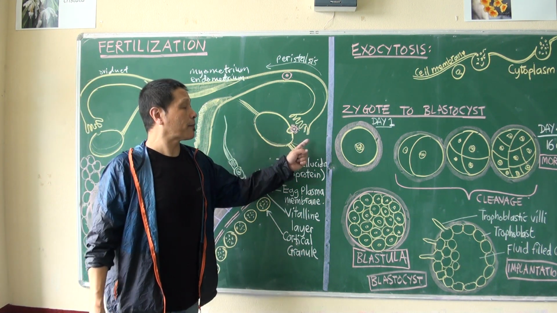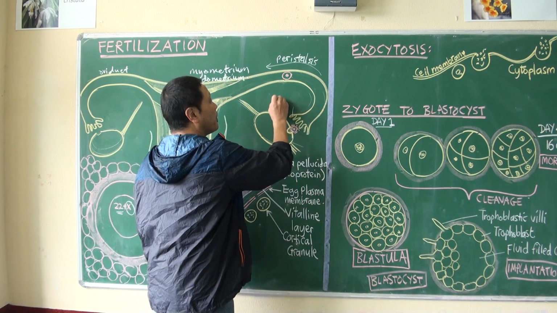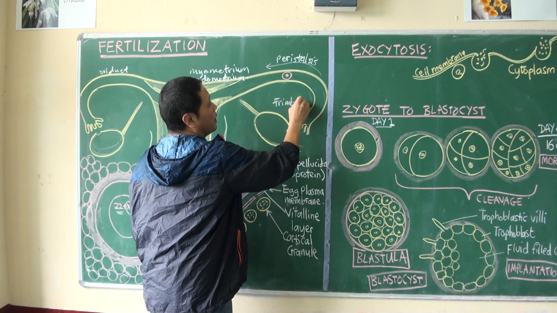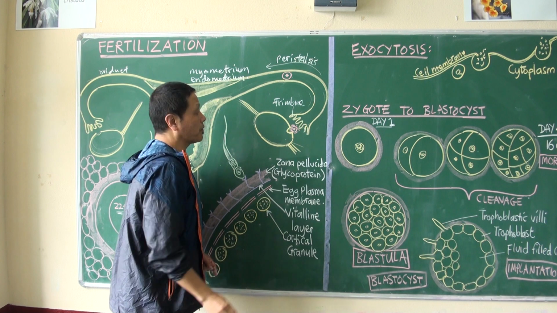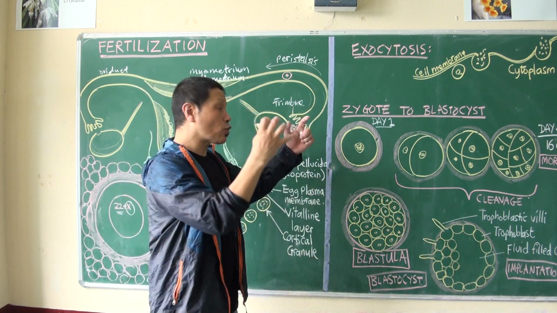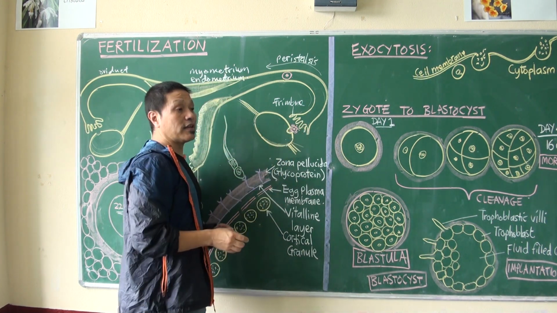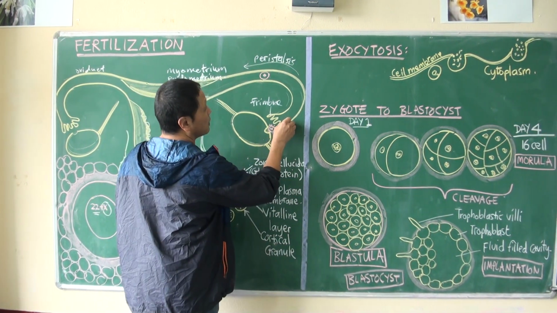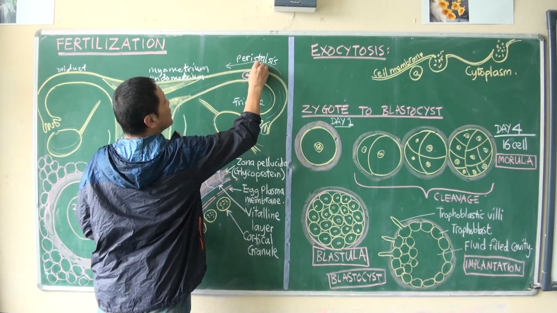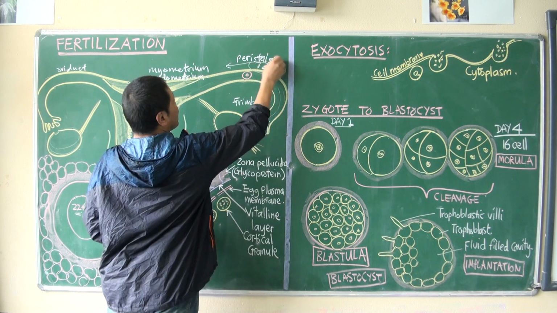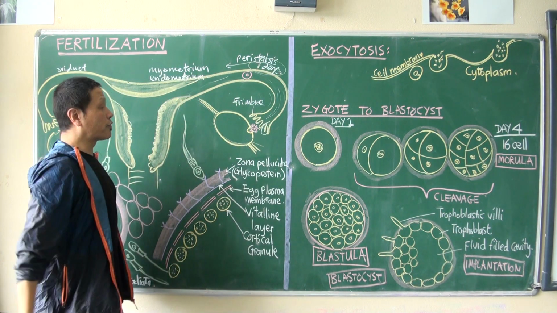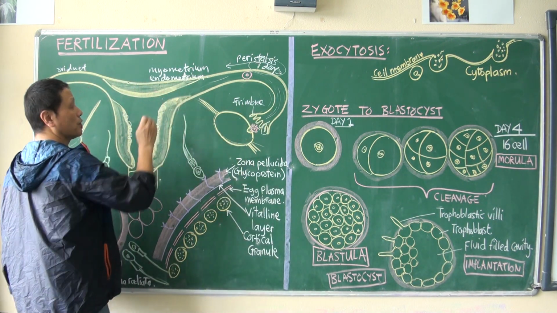This finger-like projection that you see is called the fimbriae or infundibulum. Its job is to grab hold of the released egg and drive it in. It takes around 7 days for the egg cell to move from the infundibulum to the uterus.